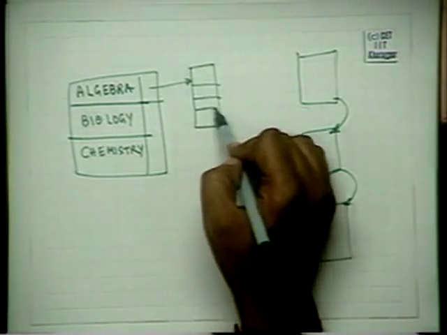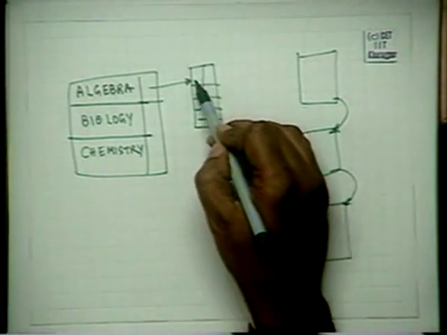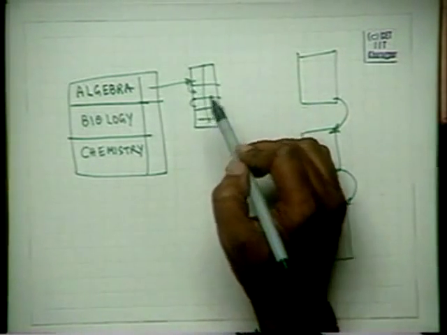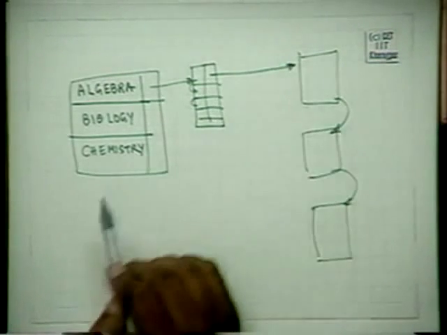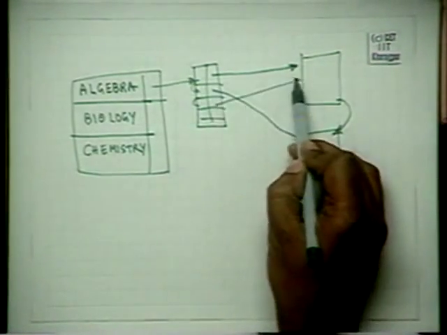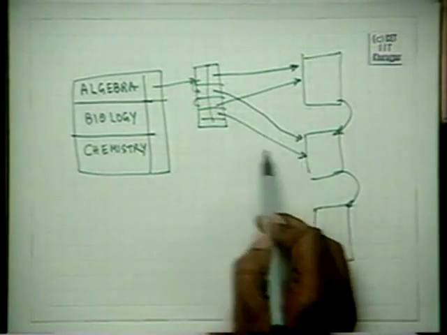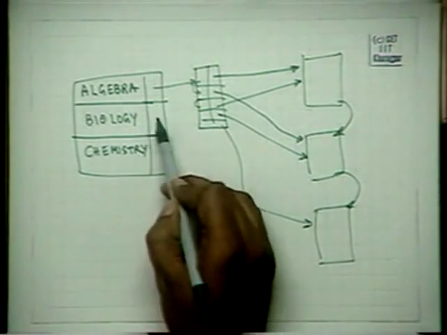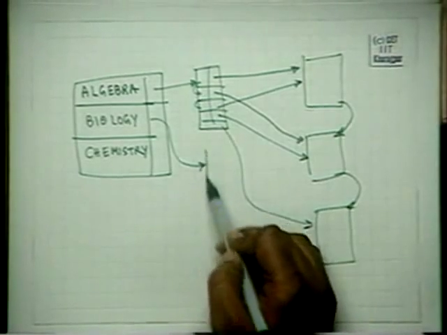which has got only pointers, like this. This will point to the corresponding record. This will be the next one, this the third, the fourth, the fifth. Biology will similarly point to a bucket.